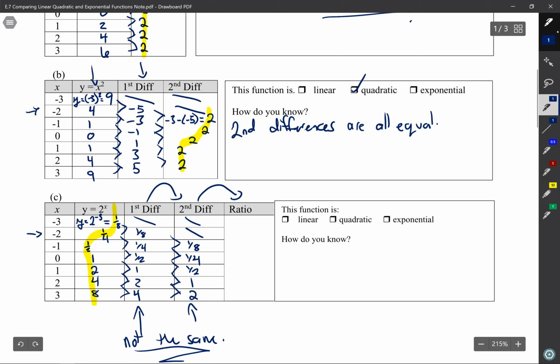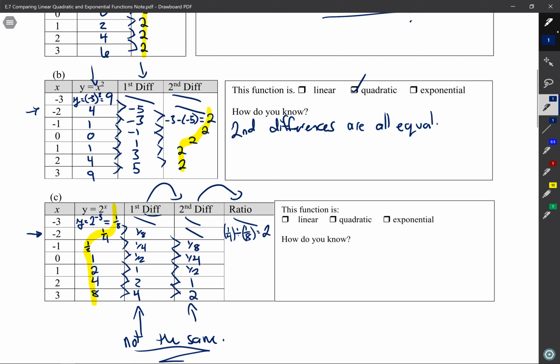And instead of subtracting like I did with my differences, I'm going to divide. So I won't do my first one, but then I'll do 1/4, which is my second y value here, divided by, brackets around that, divided by 1/8. If I put that into my calculator, I find it equals 2.